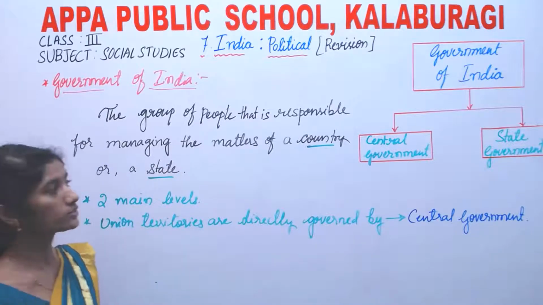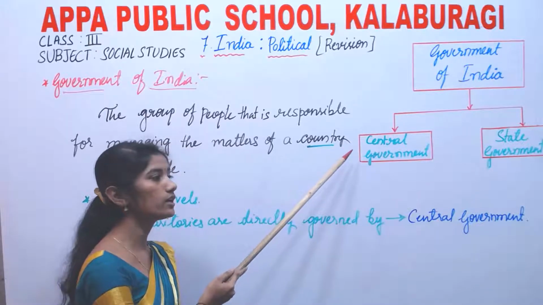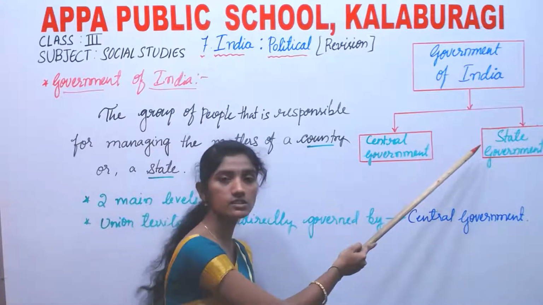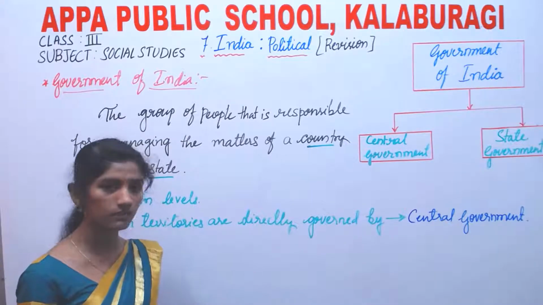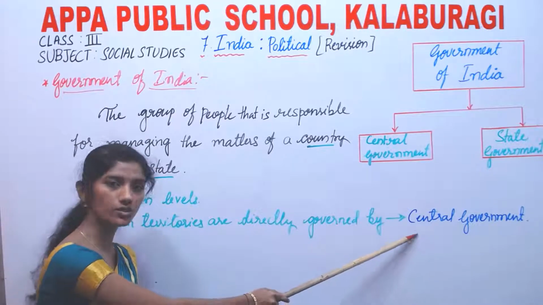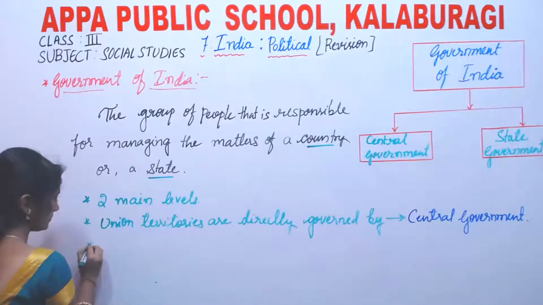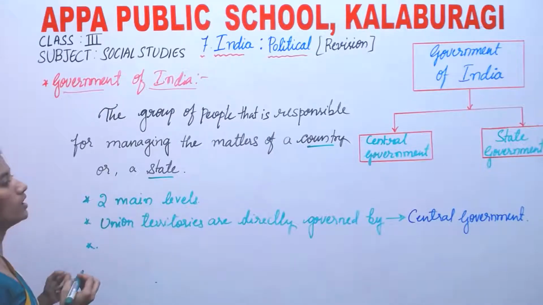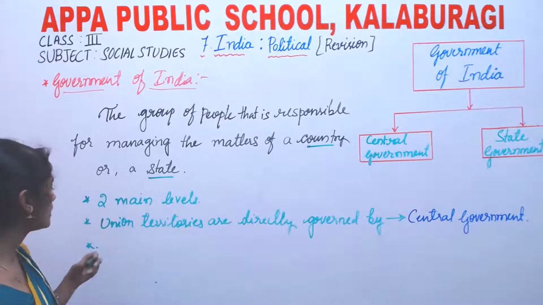The government of India has two main levels: the central government and the state government. Each state has its own government, but the union territory is directly governed by the central government.